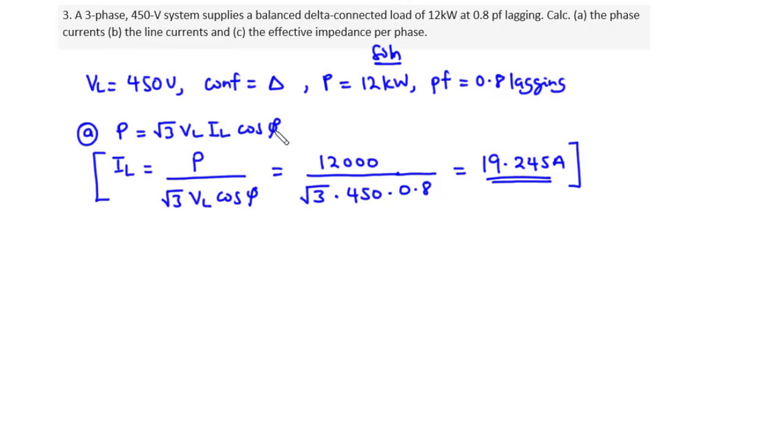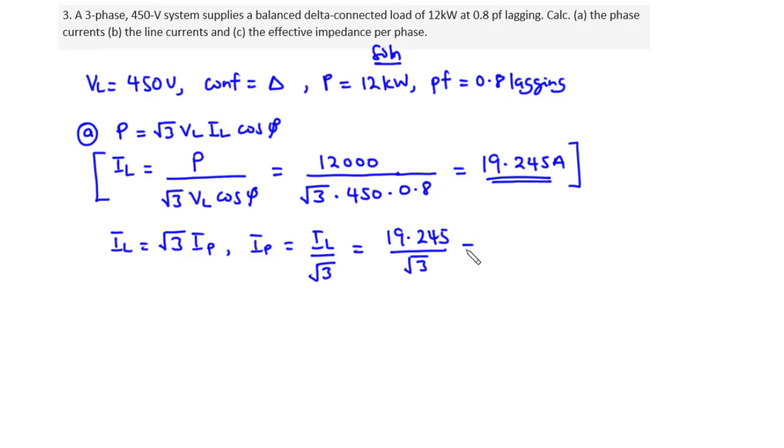Now we are asked to find the phase current, that is for A. We know that for a delta configuration, the line current is equal to root 3 times the phase current. Therefore, the phase current is equal to the line current divided by root 3, and then we have IL to be 19.245 divided by root 3, and that is equal to 11.11 amperes.